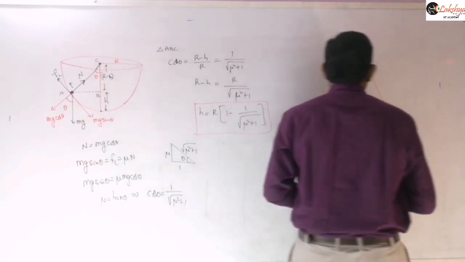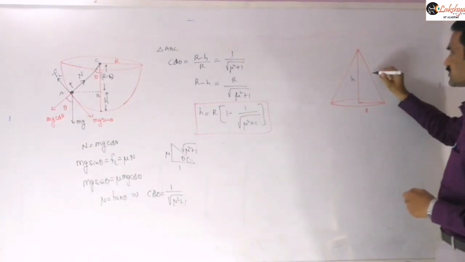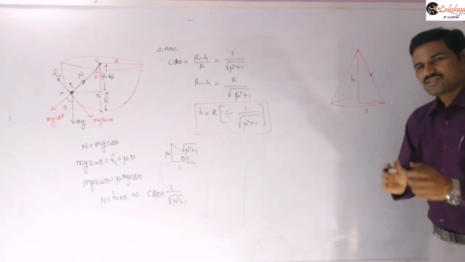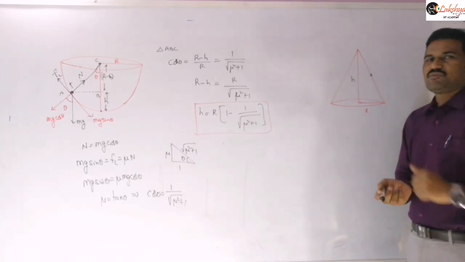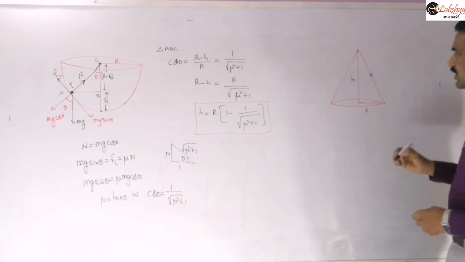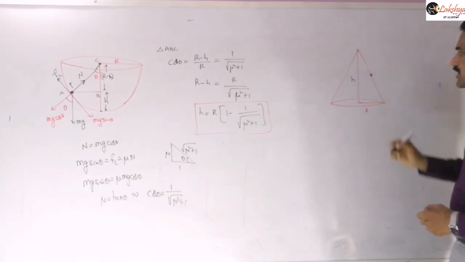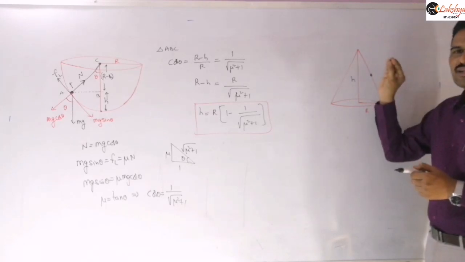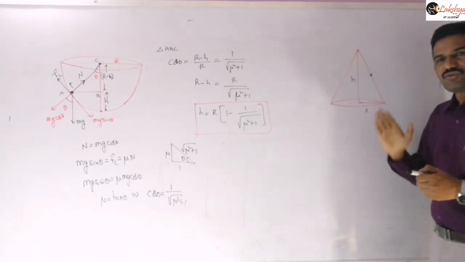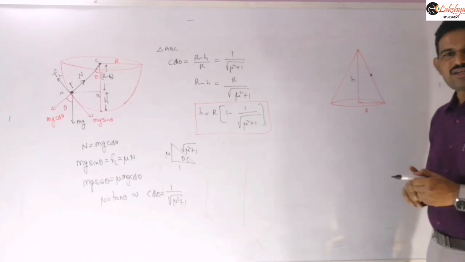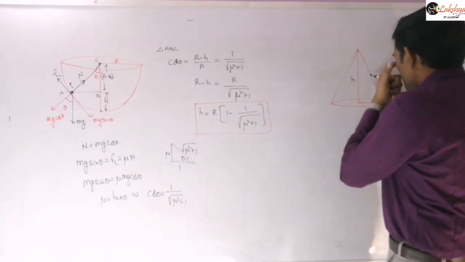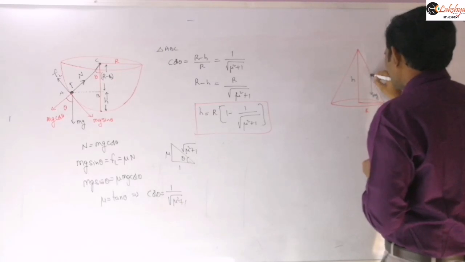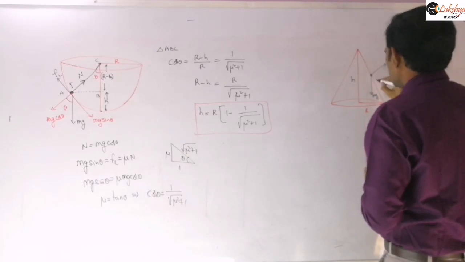Suppose I am taking h as the required height, and now I am taking some sand particle here. We are assuming this h is the maximum possible height. Now if you consider the sand particle here, it should be in equilibrium. If you further increase that h value, then it starts slipping down. So for that maximum height, we are taking it is in equilibrium. Then the forces acting on this: mg is acting downwards, and the resultant normal reaction will be along this direction.